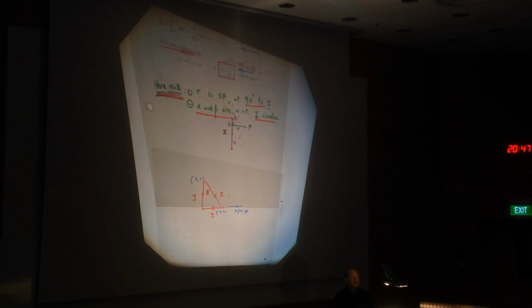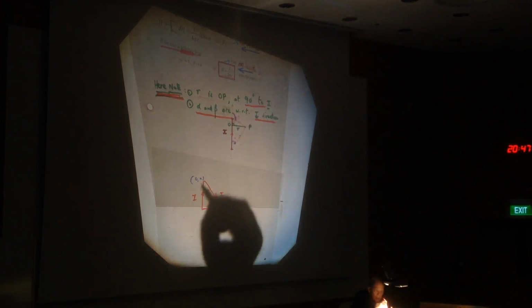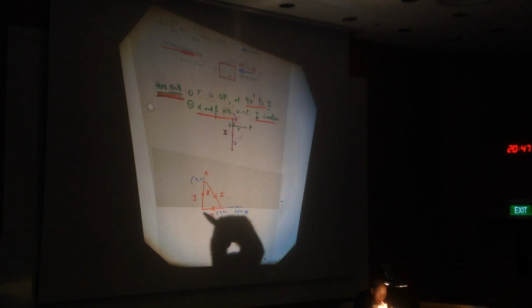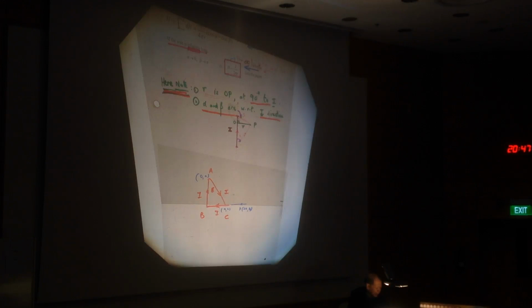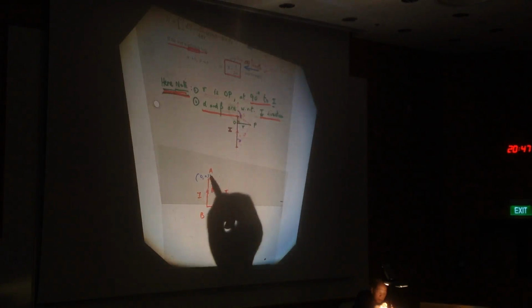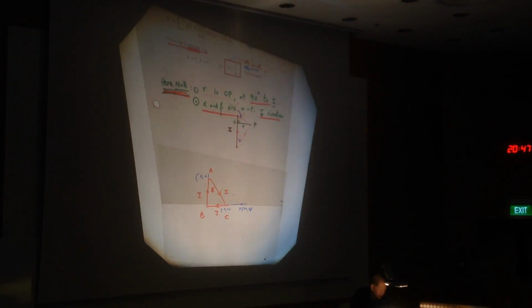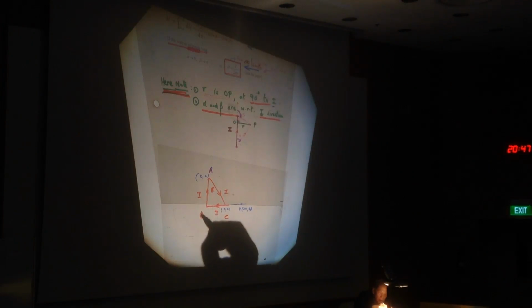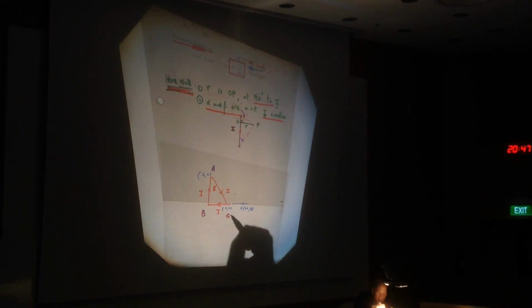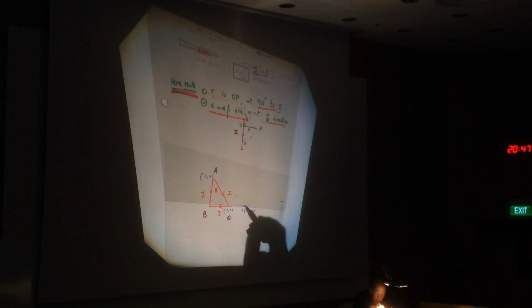So we're going to use superposition of the contribution from the sides AB, BC and AC. So we shall look at the contribution of AB, BC at the point P.